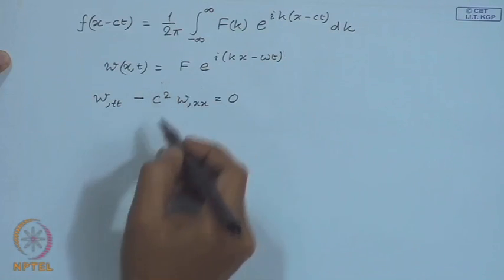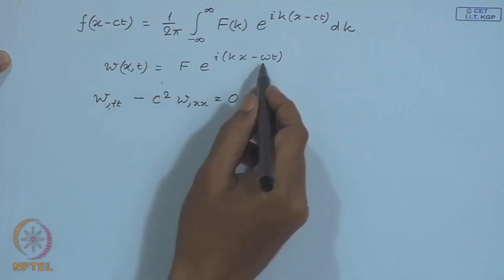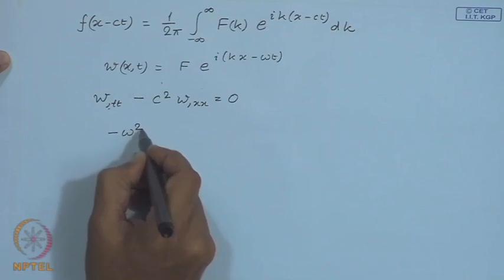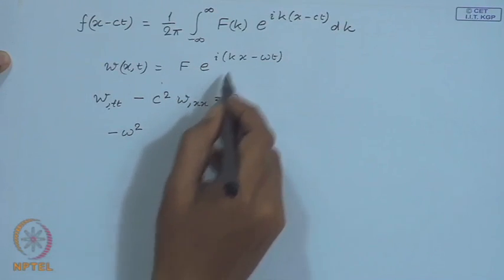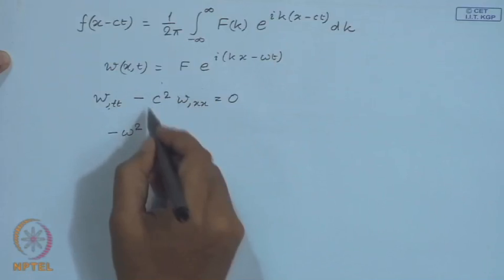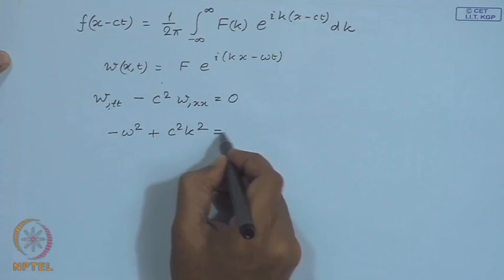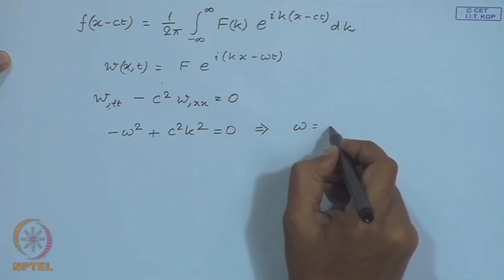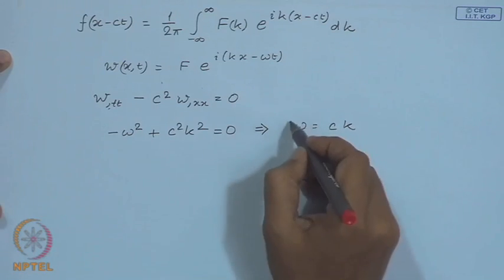If I substitute this solution form, the double derivative with respect to time gives minus omega square, and the double derivative with respect to space gives minus k square, so this will be plus c square k square. That will imply omega equals ck.